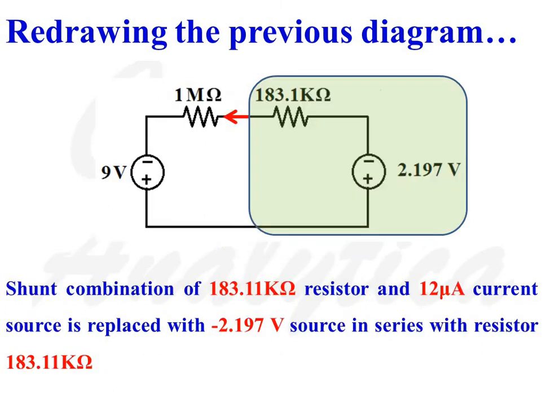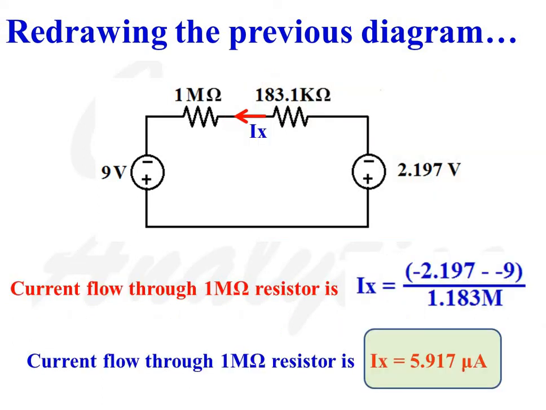So current flow through 1 megaohms resistance is given as Ix is equal to minus 2.197 minus 9 the whole divided by 1.183 megaohms.